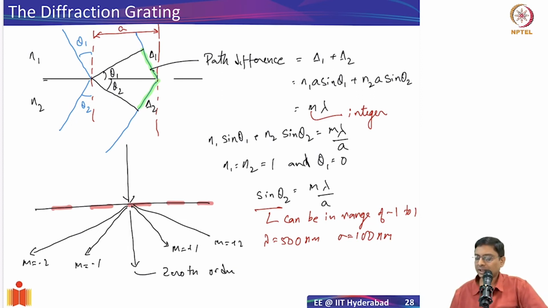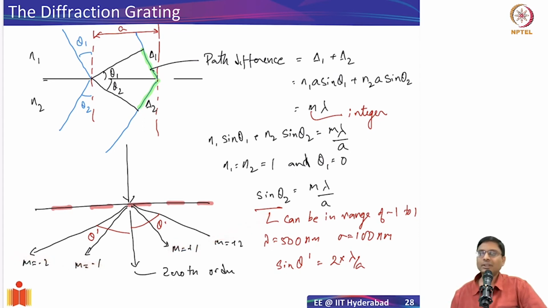For some theta prime, I can find it such that sin theta prime equals 2 times lambda by a. In that case, the bending angle is theta prime. So you can have the second order diffraction that way. And if m equals 1, then you will have a first order diffraction. That's why we are numbering them as 1, 2, and so on.